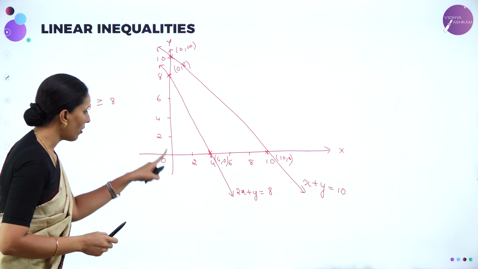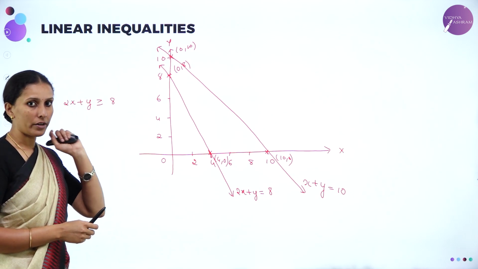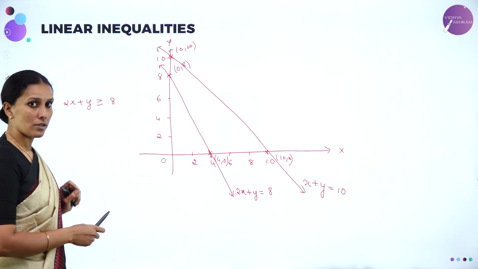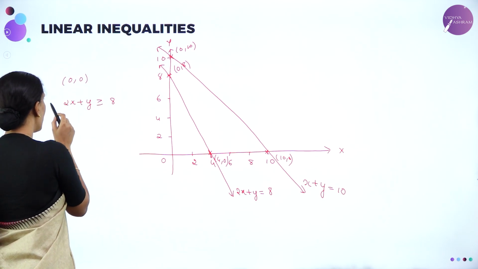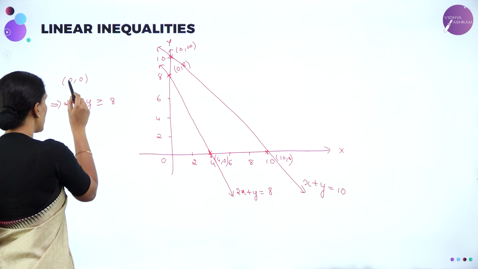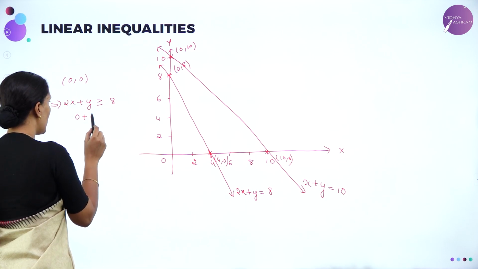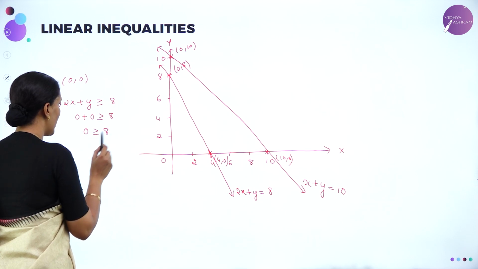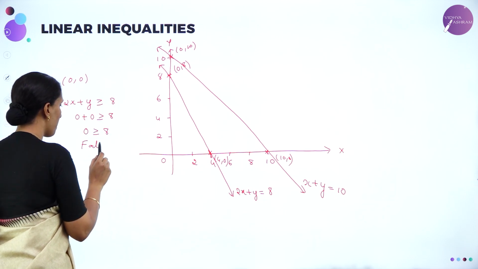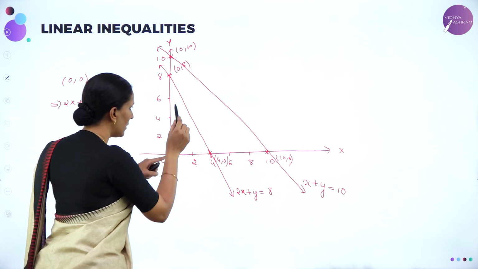Here I always prefer the origin as the convenient point because it is very easy to simplify. So if I take the origin 0, 0 and substitute here, I'll get 2 times 0 plus 0 greater than 8, which means 0 greater than 8. It's a false statement.